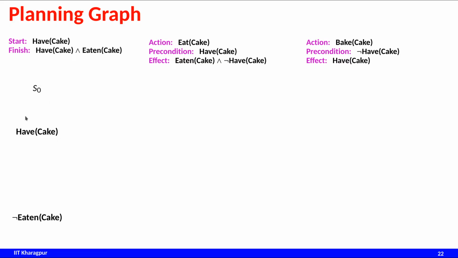In the start state, I have been given have cake, and we add all the other unlisted literals in the negated form. Whatever literals have not been specified will be treated as negative, and that will be added in our representation. So in the start state we have cake, and since we have only two literals, we add not eaten cake.